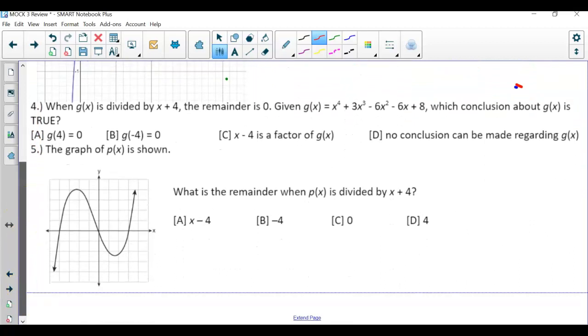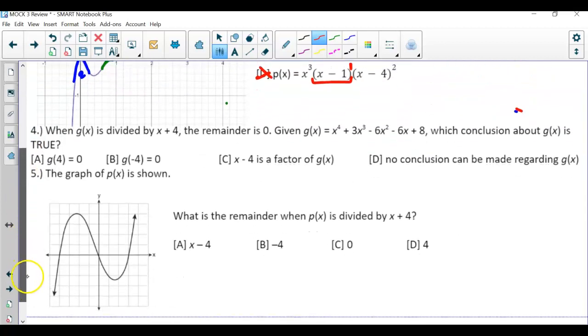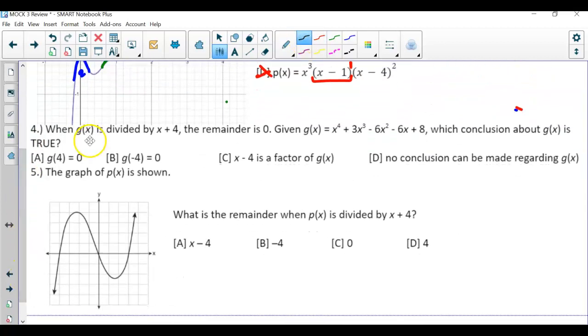So question number 4 here, sorry. Here when g of x, a polynomial, is divided by x plus 4, the remainder is 0. So that means here that x plus 4 is a factor.